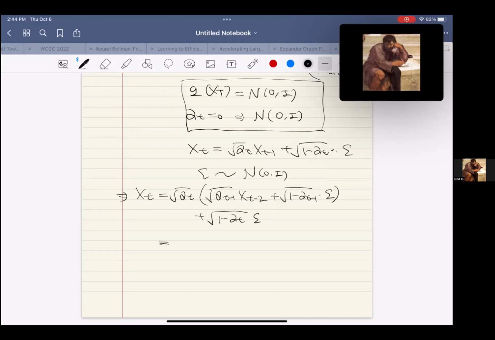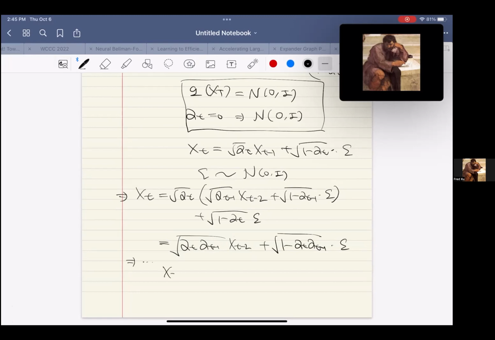So if we break it all apart, what are we going to get? We are going to get alpha t times alpha t minus 1 times x_{t-2}. And then I'm just going to skip the next step. It follows the property of normal random variables. If you want to combine a linear combination of two normals, you take the sum of their means as the new mean, and you take the sum of the squares and then the square root to get the standard deviation. So this becomes 1 minus alpha t times alpha t minus 1. And we can follow this process until we reach x_0.